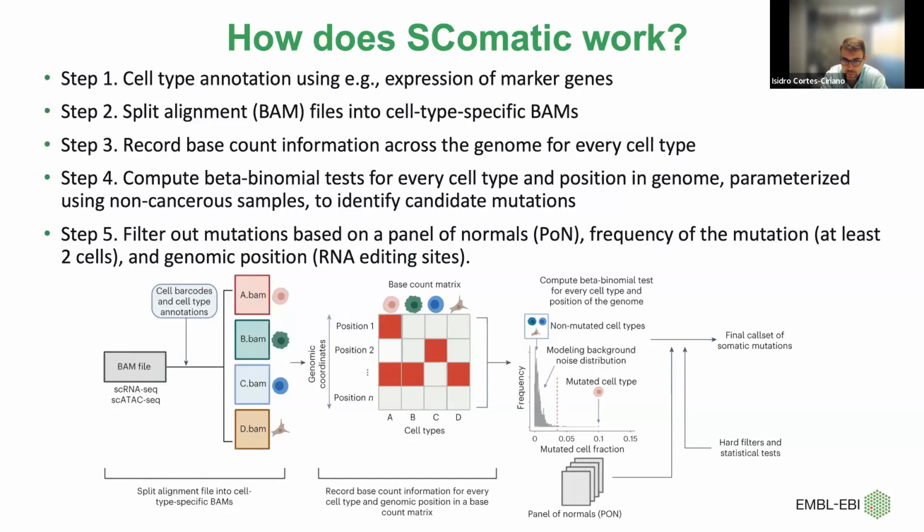This is an approach where we analyze a large number of samples to identify those positions that are subject to recurrent errors or artifacts, which we cannot rely on to call mutations. We also remove positions in the genome, in the case of RNA sequencing data, that are in RNA editing databases. Also, we remove those candidate mutations where there is not enough support, or where we find the alternate allele in multiple cell types that are not closely related.